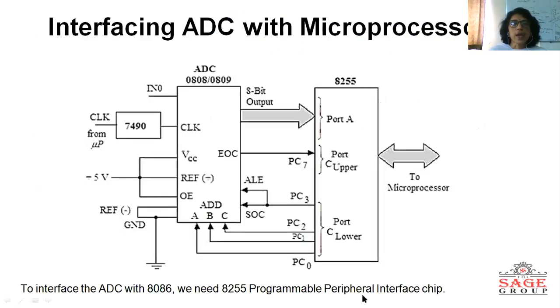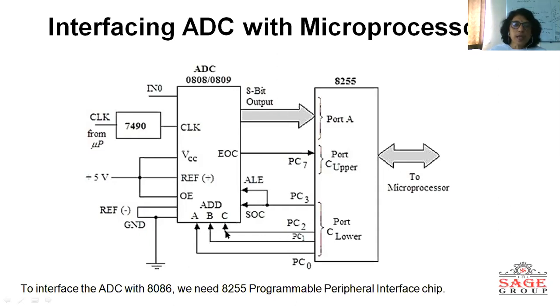This is the diagram which reveals the connection. IN0 input is used as an analog input for the conversion. Clock signal is provided, and the supply VCC, V reference plus and output enable will be connected to +5 volt. The minus reference and ground are connected with the ground pin.